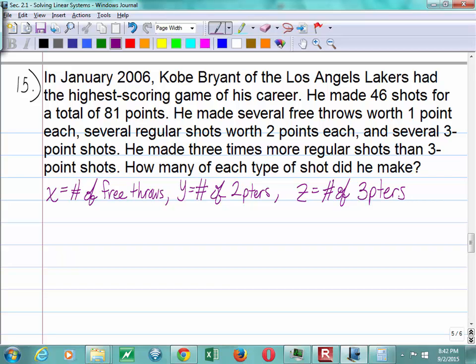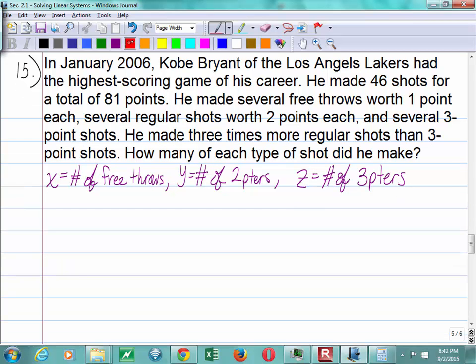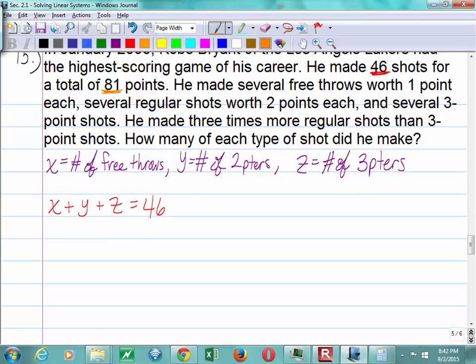It says that he made a total of 46 shots. So that means x plus y plus z equals 46. Then it says he made a total of 81 points. So that would be 1x, or just x, plus 2y plus 3z equals 81.